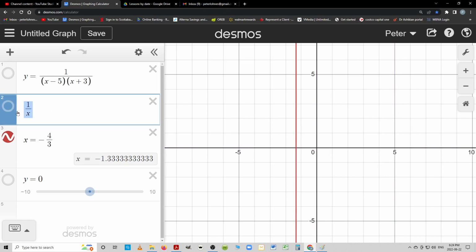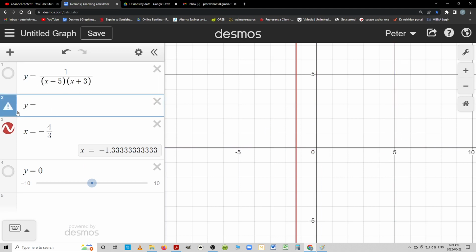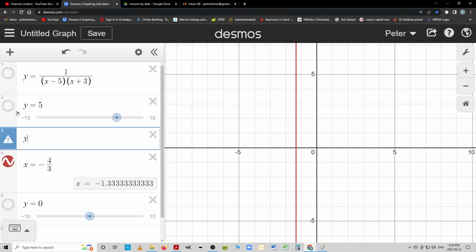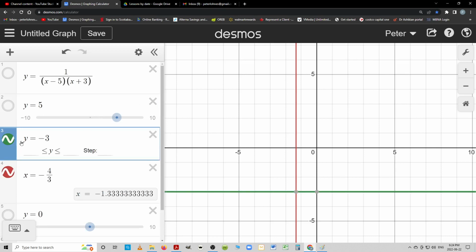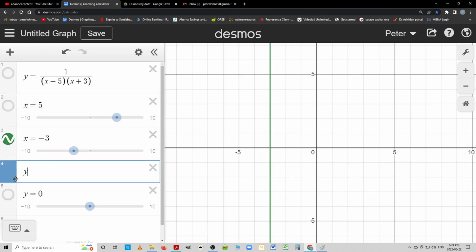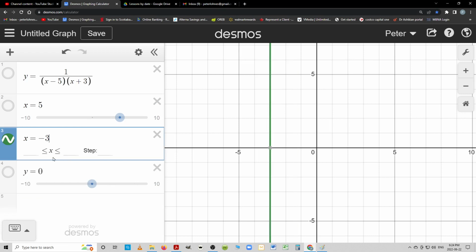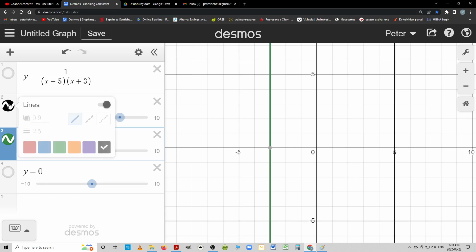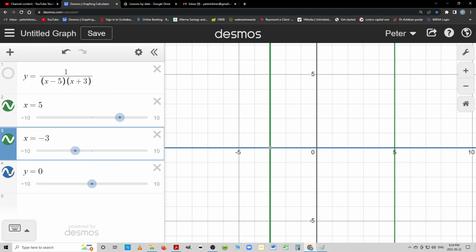And I'm going to make my asymptotes x is equal to 5 and x is equal to minus 3. So according to me, those are the vertical asymptotes. And I'm also going to make my horizontal asymptote y is equal to 0, which is already there. Let's make this one a different color, though. Make them all green. And we can leave this one blue.